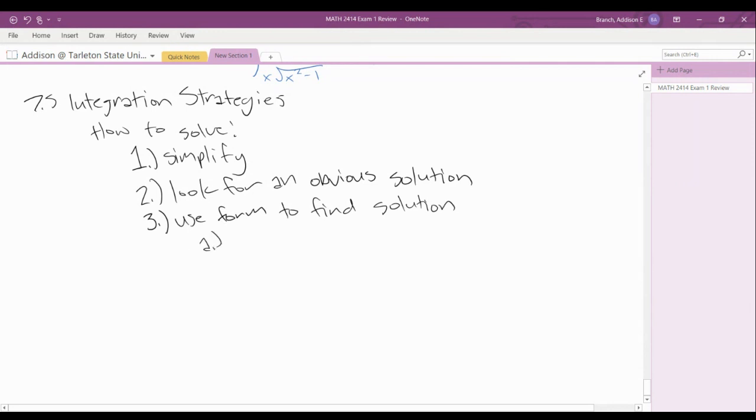So if you have some trig identities, you can do our trig integrals that we did in 7.2, or a u-sub of some sort. B, if you have a rational function, you can go ahead and do partial fractions to break that down.